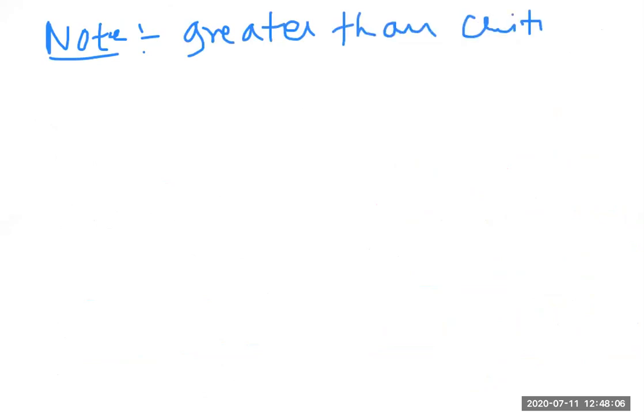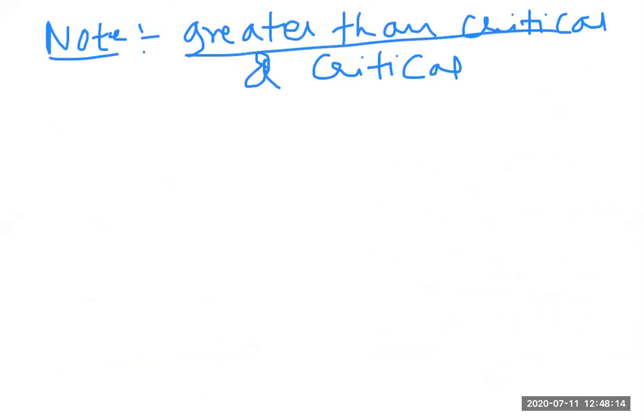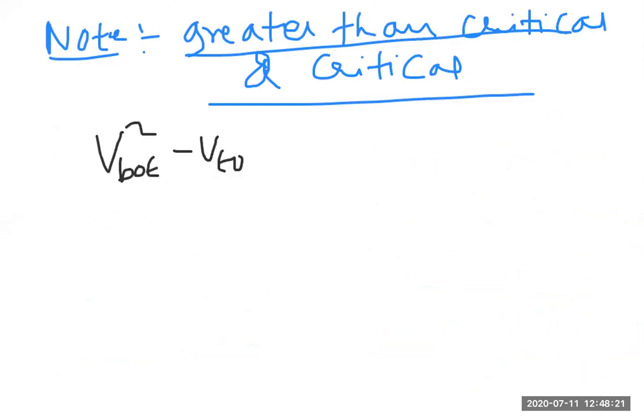Note the common points in both critical and greater than critical situations. What are the common points we can take? V bottom square minus V top square: from critical, V bottom is root 5 GL and V top is root GL, so squares give 5 GL minus GL, which is 4 GL.